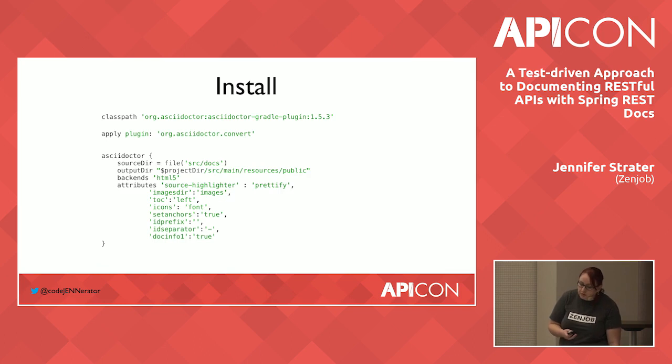In a build tool like Gradle, there's a few things with configuration. So you need to, of course, apply the plugin, and then you can specify all of the different configuration options as far as whether you want your table of contents and all of that, without having to include that in your document like you would with HTML or et cetera.